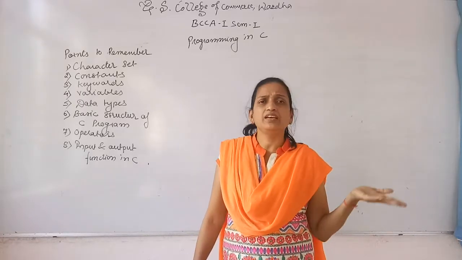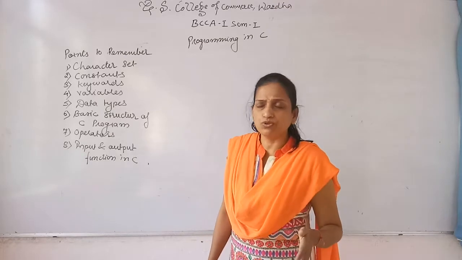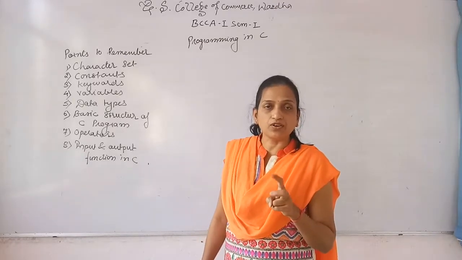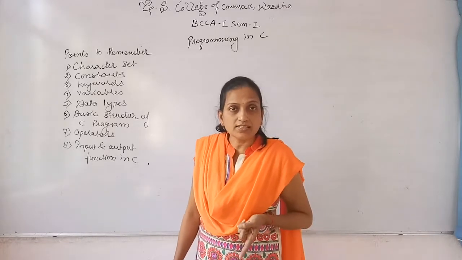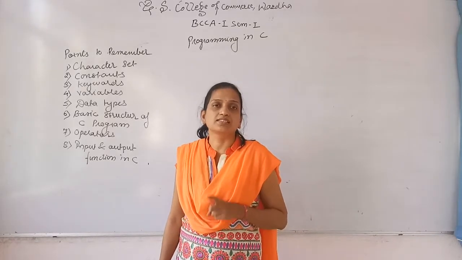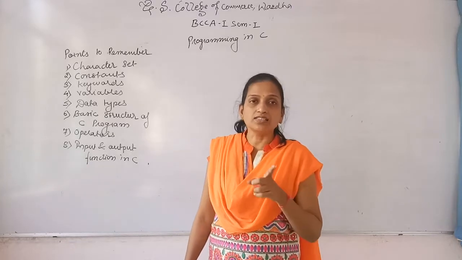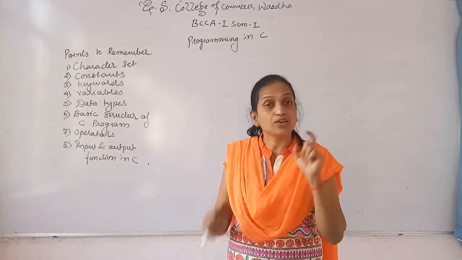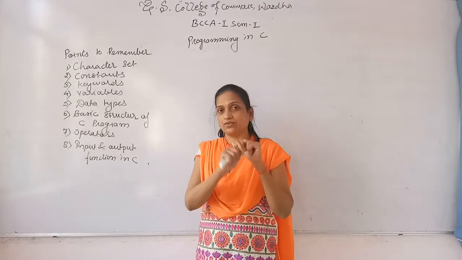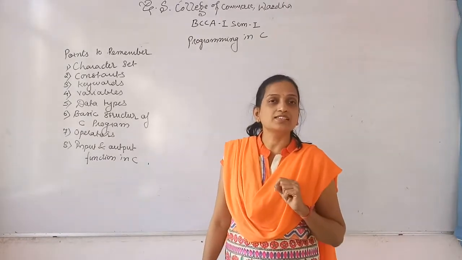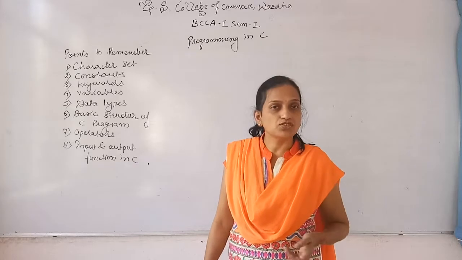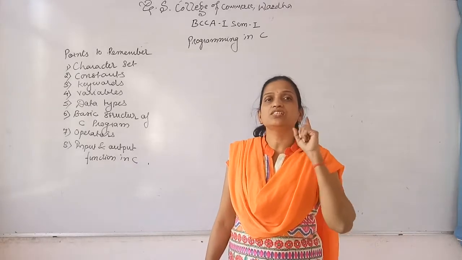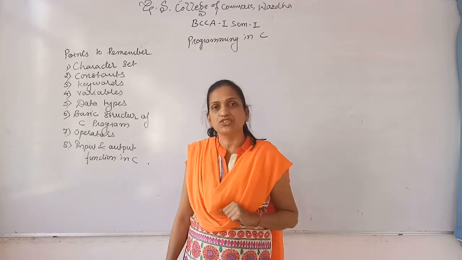It can be either positive or negative, no issue. Then character constants: we have 2 types, single character constants and string constants. Single character constants are constants where we can use only a single character, and it must be enclosed within single quotation marks. A string constant is a constant where we can use a sequence or set of characters, more than one character, and which is always enclosed within double quotation marks.